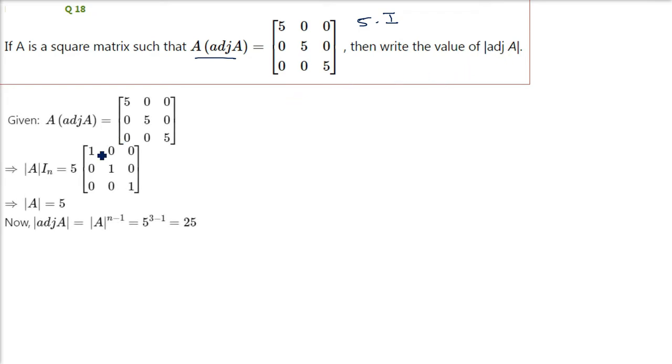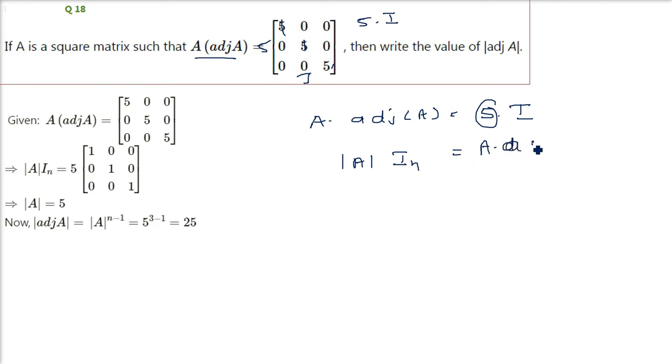Then write the value of the determinant of adjoint A. So A into adjoint A is already given in the question, and we can write it as 5 into I. If you take 5 outside, it will be 1, 1, 1 in the diagonal, essentially the identity matrix. So A into adjoint of A is determinant of A into I N, as we have seen in the last few questions. So determinant of A into I N is equal to A into adjoint of A.